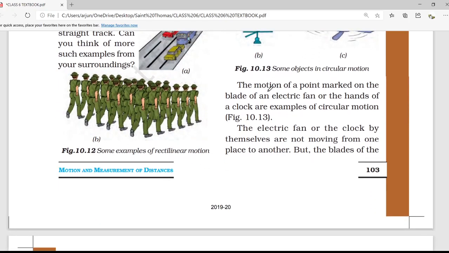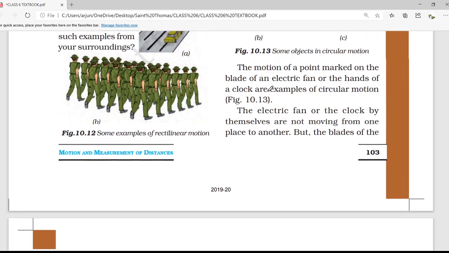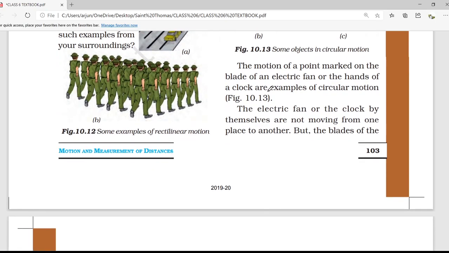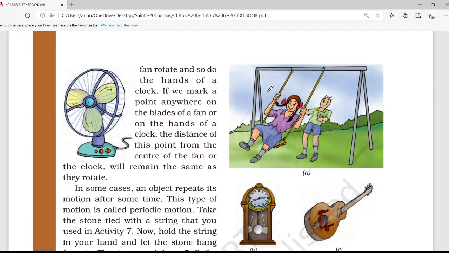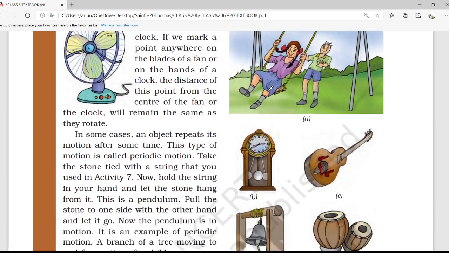The electric fan or the clock by themselves are not moving from one place to another, but the blades of the fan rotate and so do the hands of the clock. If we mark a point anywhere on the blade of a fan or on the hand of the clock, the distance of this point from the center of the fan or the clock will remain the same as they rotate. It is simple: the radius always remains the same throughout its circular motion.